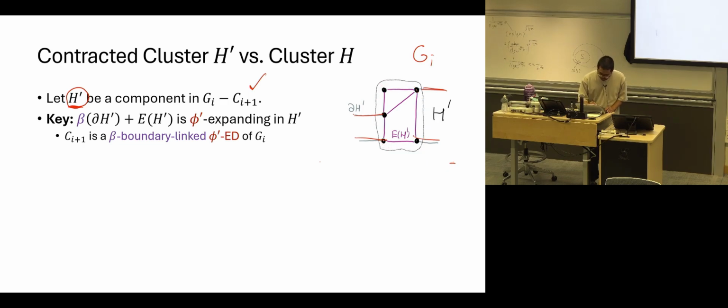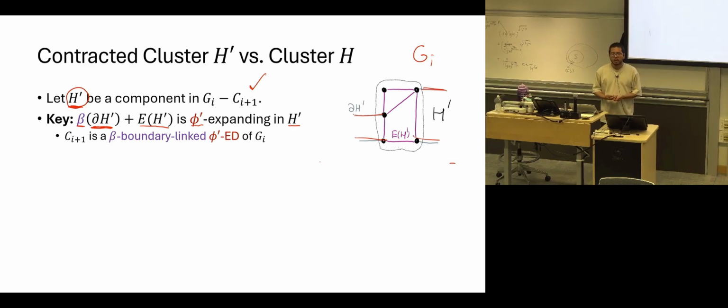Now I claim that this boundary, when you scale up by the boundary link factor beta, plus the edges of H, this edge set is phi prime expanding in H prime. Okay. So why is that? This is basically almost the definition of boundary link expander decomposition.